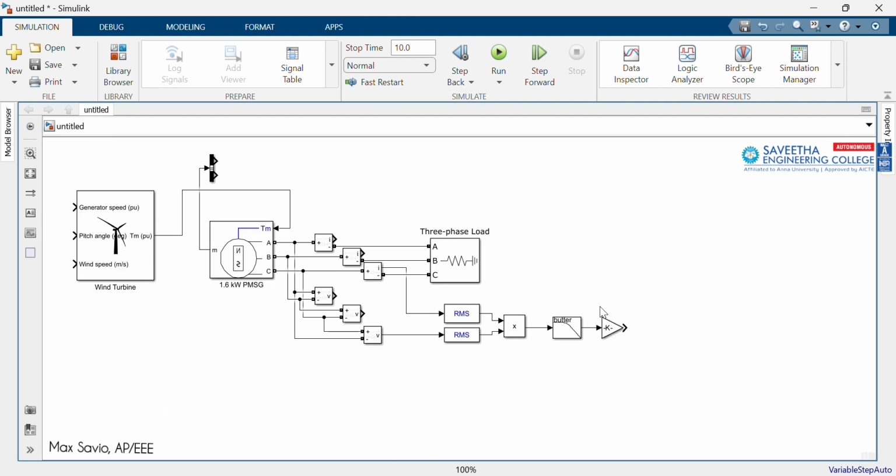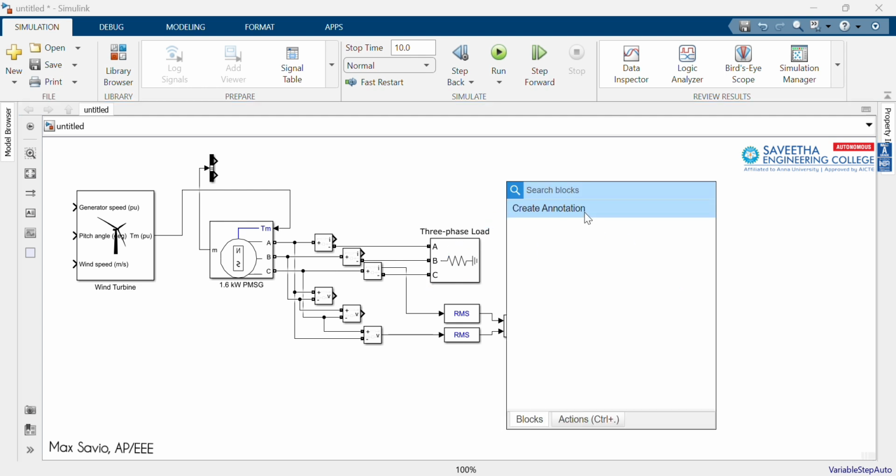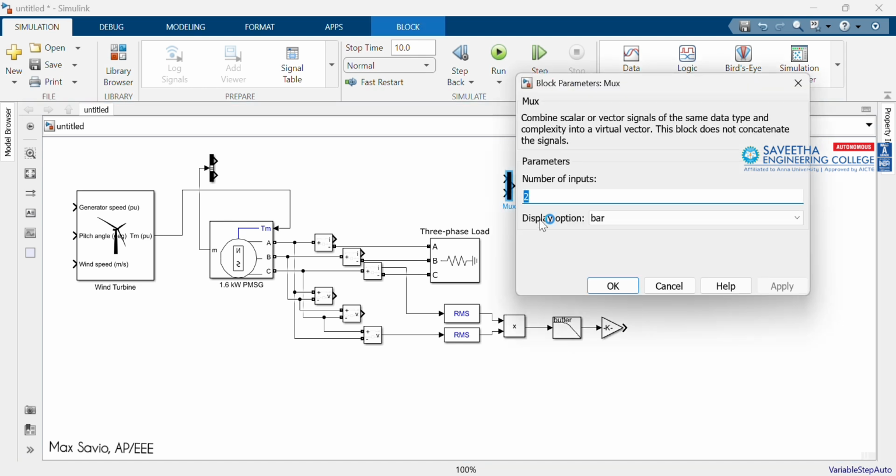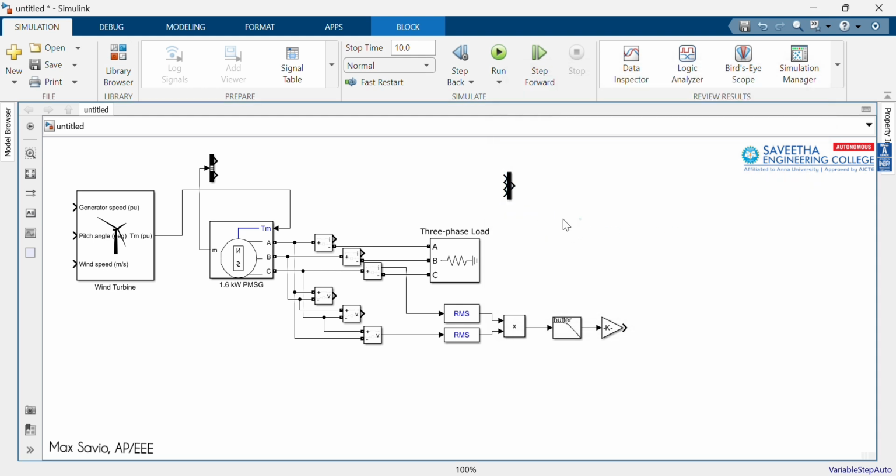So then we also have the other measurements to be done, that is the current and the voltage. So I'll take the mux and make the mux as 3 inputs, because I'm going to measure, sorry, now the current.